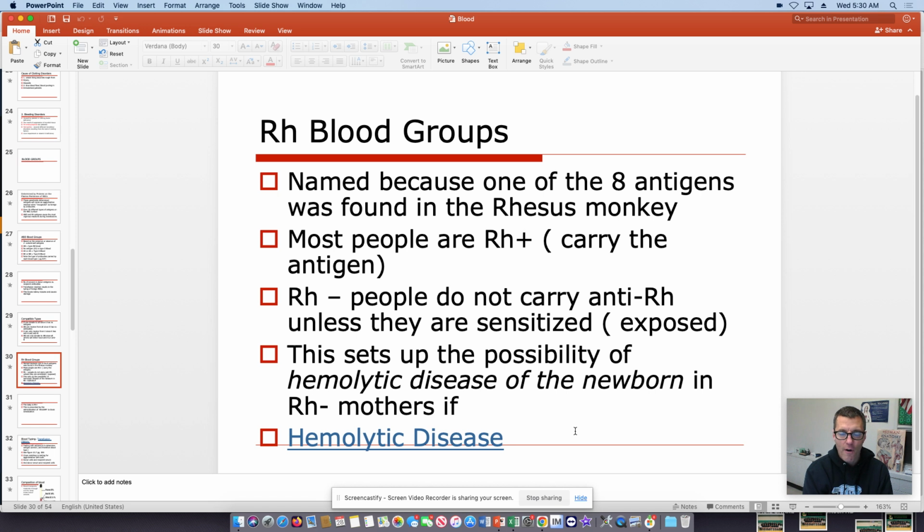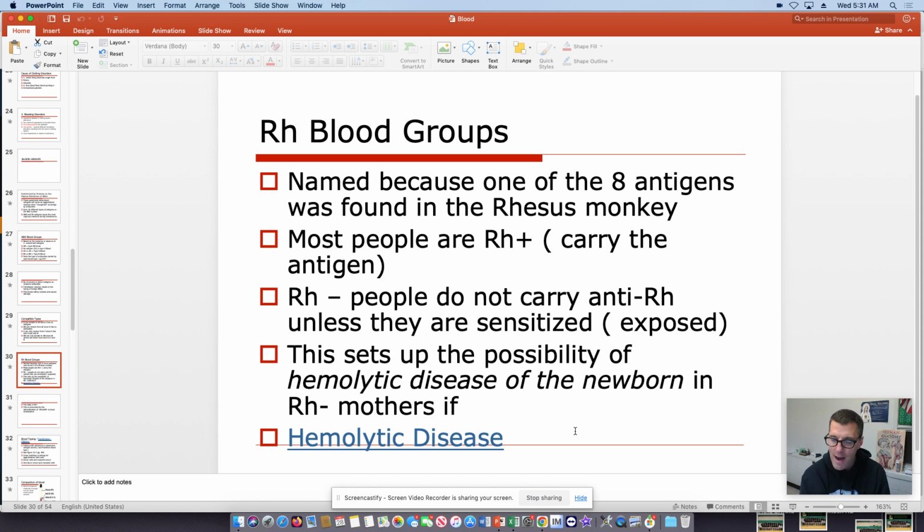One of these Rh antigens was found in something called a rhesus monkey. Most people are Rh positive, so they do in fact carry that antigen. But Rh negative people don't carry the Rh antigen unless they are sensitized or exposed. Or excuse me, the anti-Rh. People who don't have type A blood have anti-A, and people who don't have type B have anti-B.